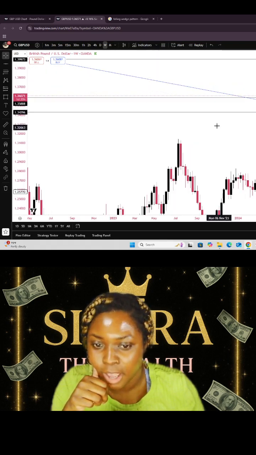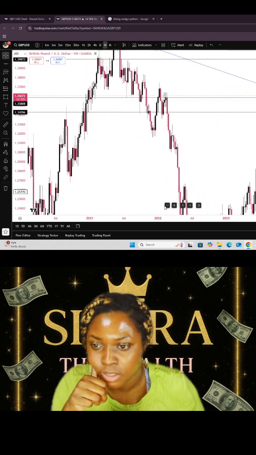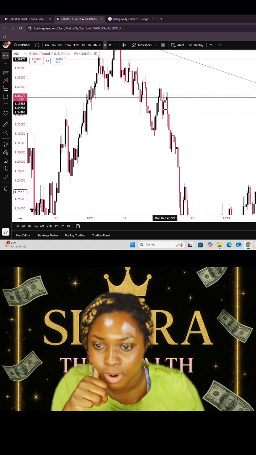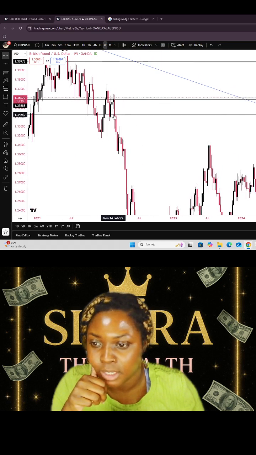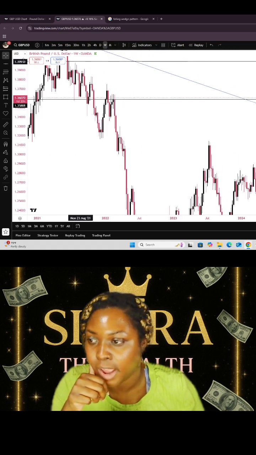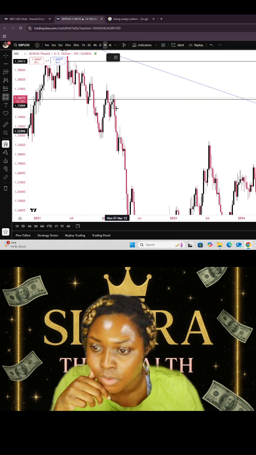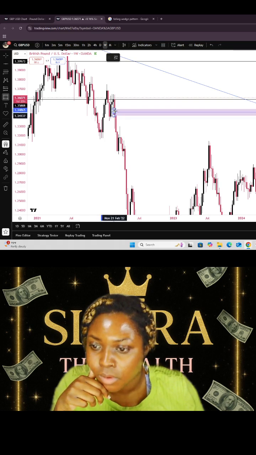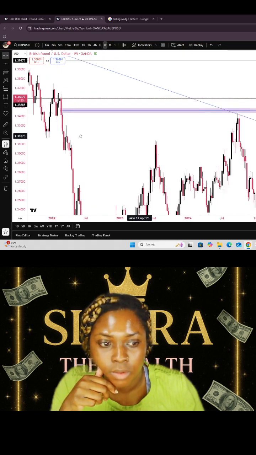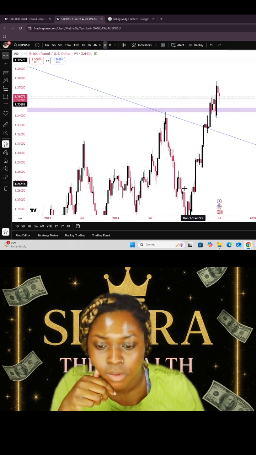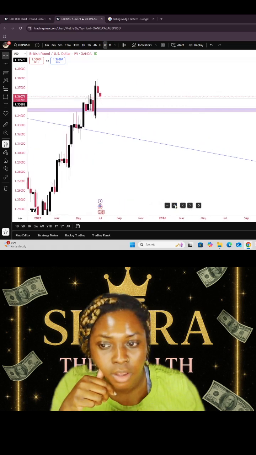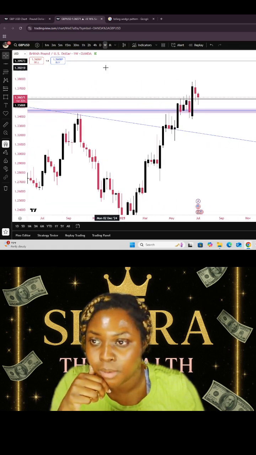I'm sure there's a gap over here somewhere. Let's find it. All right, it's right here. I'm going to delete this line so that I can get a more accurate zone. We'll use that one. Okay, and let's come down to my daily.